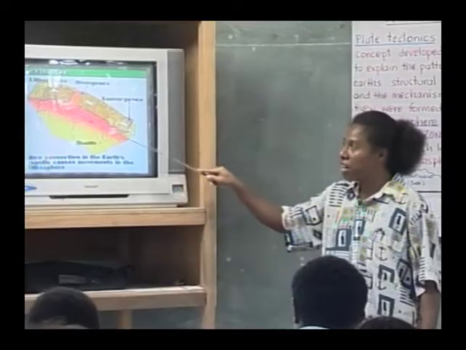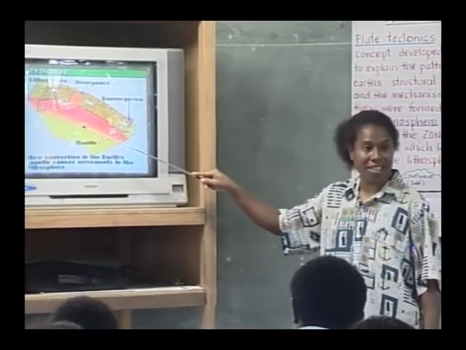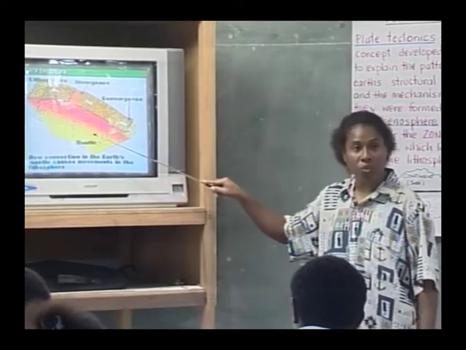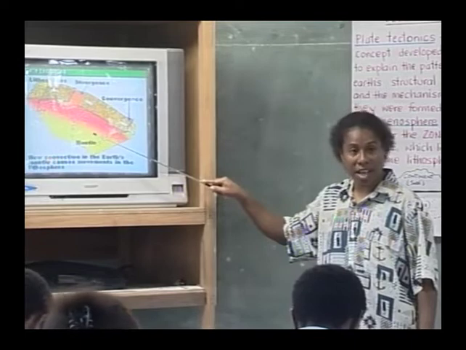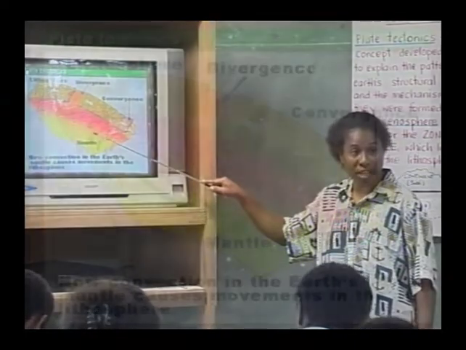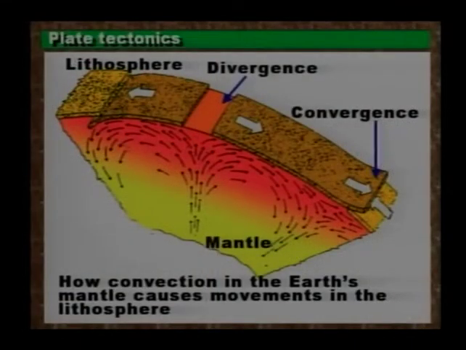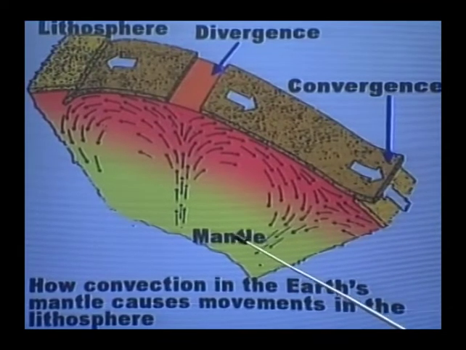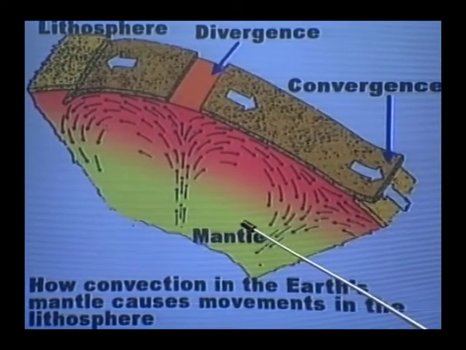But it was very recently, in the 1960s, that this concept was developed, and as a result, we now today accept the idea of continents moving. The continents sit on top of plates. When the plates move, they carry the continents with them. So where is that energy coming from to contribute to the moving of those plates and the continents? It's coming from the convection currents within the mantle.